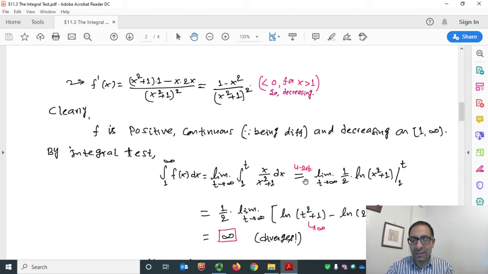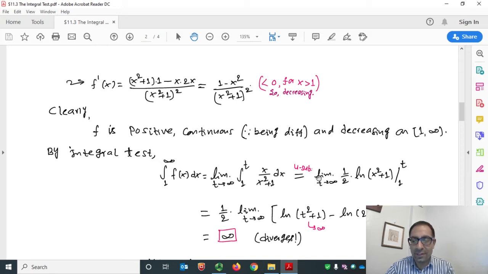So in the next step, just copy the limit as t tends to infinity, then use u substitution. Put x squared plus 1 equals u, then its derivative turns out to be 2x dx, or you can multiply numerator and denominator by 2. Then the numerator is 2x, which is the derivative of the denominator. Then the integral of these fractions turns out to be the natural log of x squared plus 1.